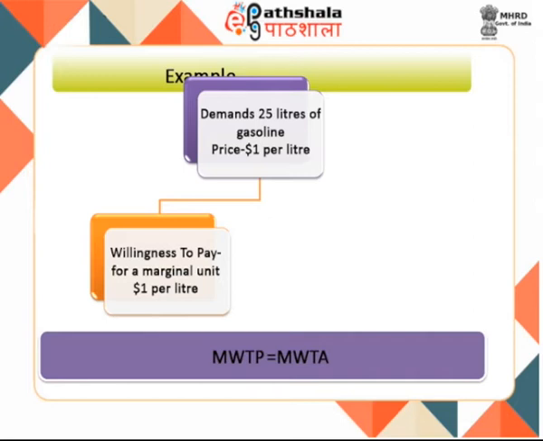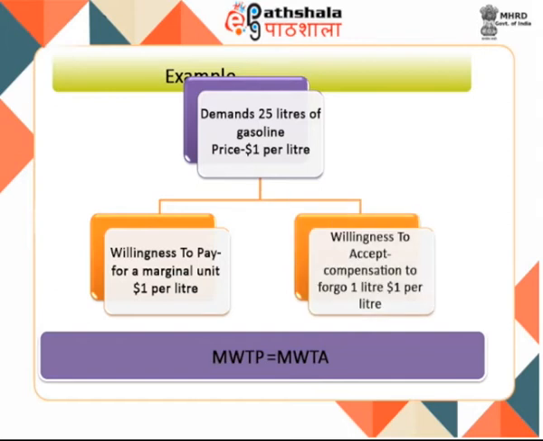Alternatively, if A is asked for the price that she would accept as compensation to forego 1 liter of gasoline, thereby reducing her consumption to 24 liters, her answer would be roughly $1. Hence, A's MWTP for 1 more liter of gasoline is approximately equal to her MWTA.